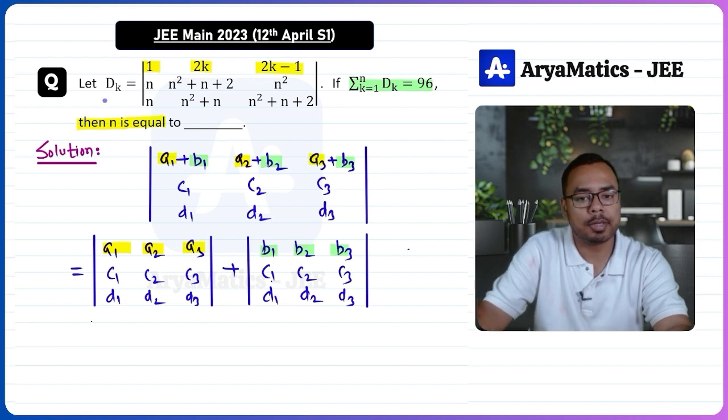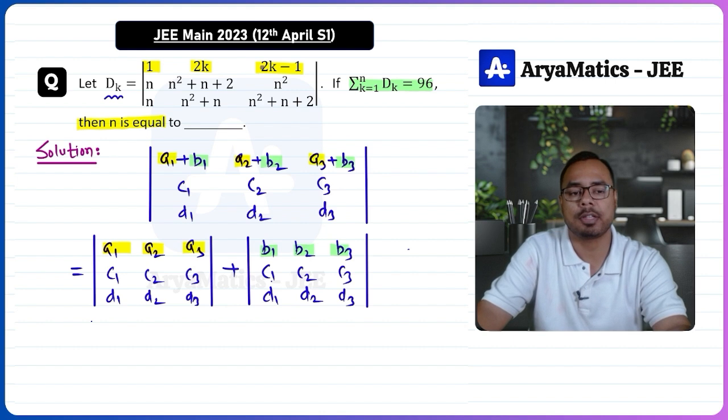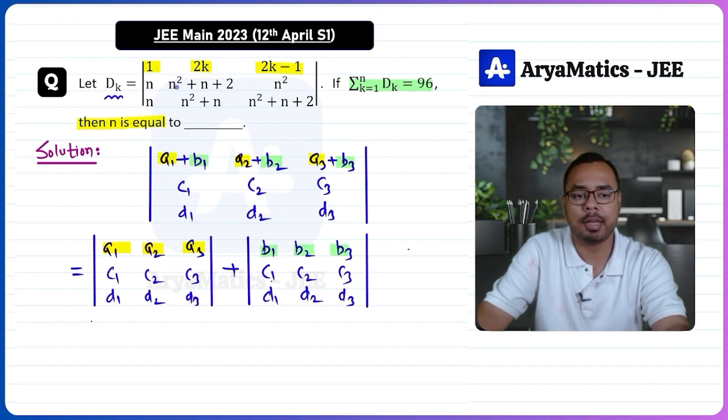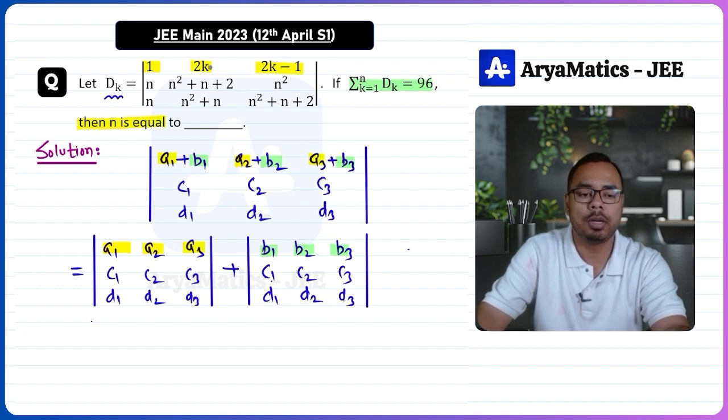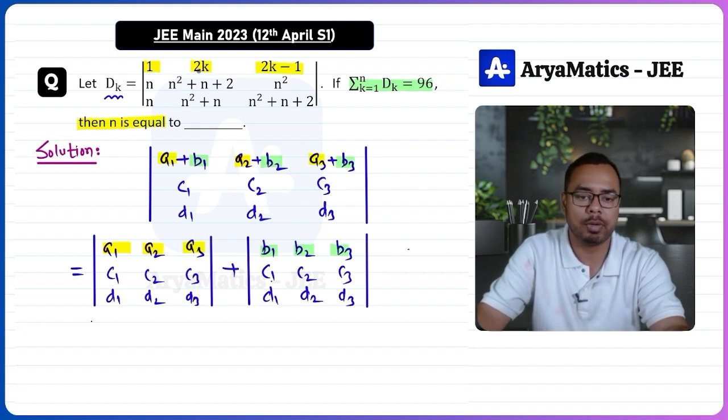Now, here if you notice, Dk and k are only present in the first row. So if I calculate D1, the second and third rows will be the same, with n square plus n plus 2 and so on, and only the first row will change. In D1 you'll have 1, 2, and then 2 minus 1, that is 1. In D2, in place of k we will have 2, and so on.